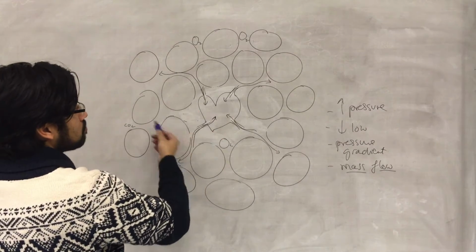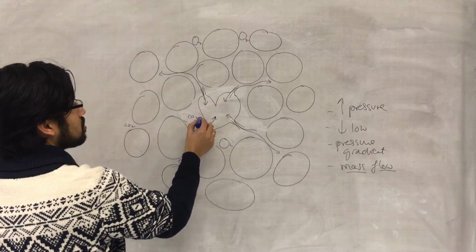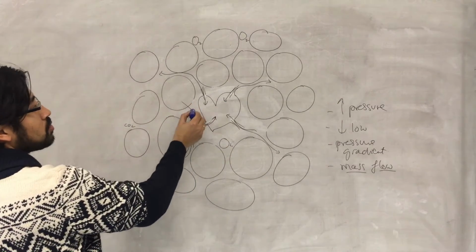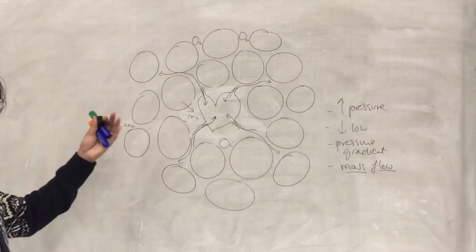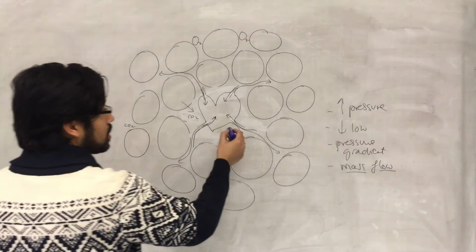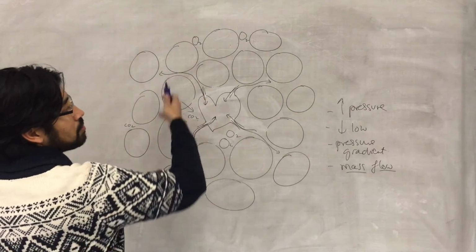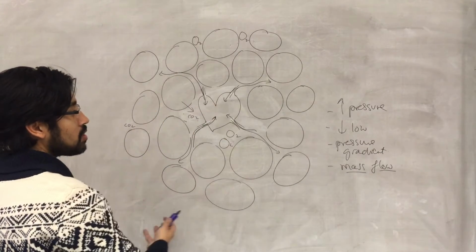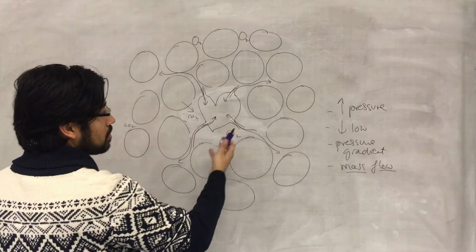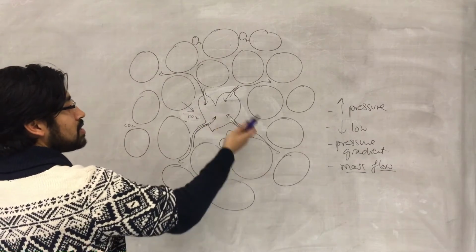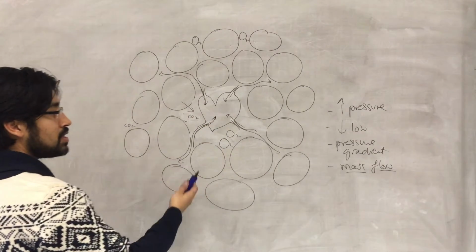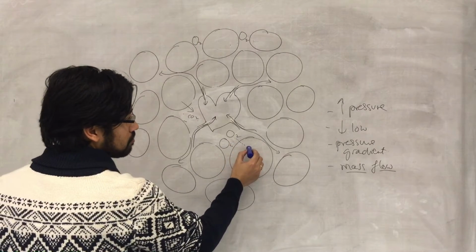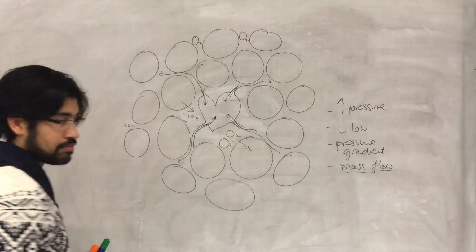So you get a much lower concentration of CO2 in the interior, allowing the CO2 in the interior cells to diffuse out. You've got a much higher concentration now of oxygen because of the movement of the fluid, allowing the concentrations to equalize, and therefore the oxygen concentration of the fluid surrounding the interior cells is high, and so oxygen can diffuse into the cells.